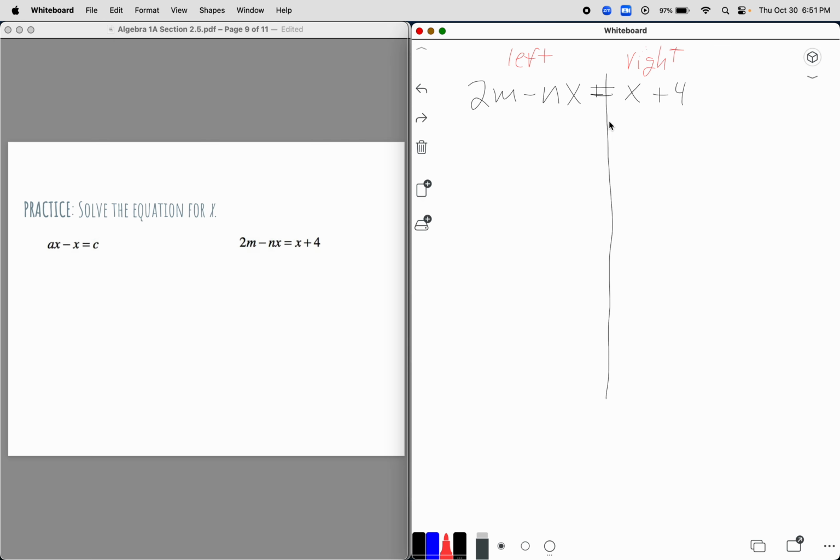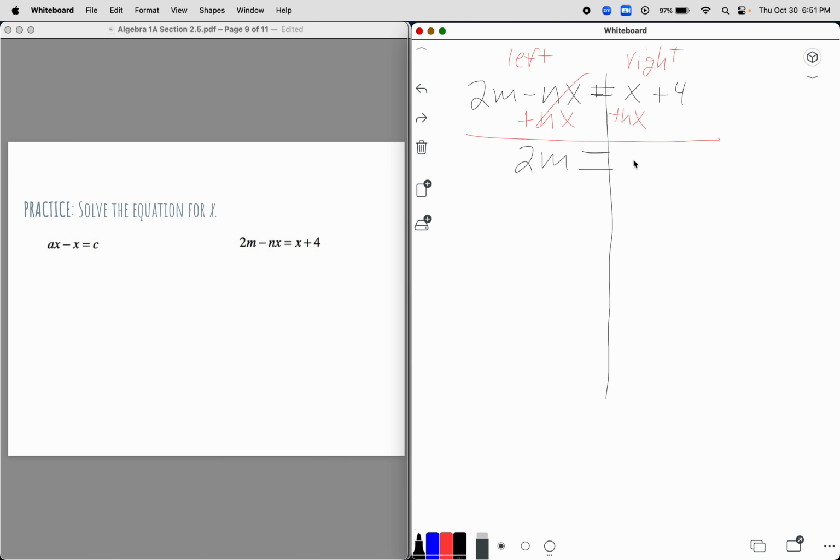I can't do anything in terms of solving for these unless they are on the same side of the equal sign. So what I'm going to do is move the nx. I'm going to add nx to both sides. The nx cancels on the left. That gives me 2m.